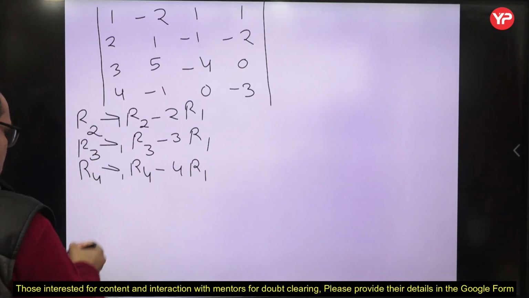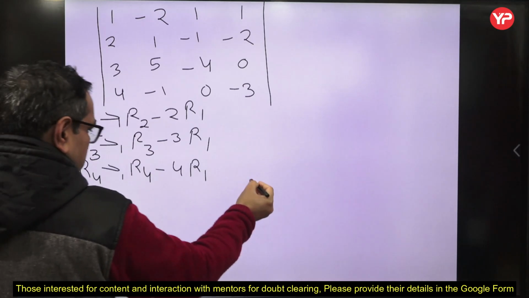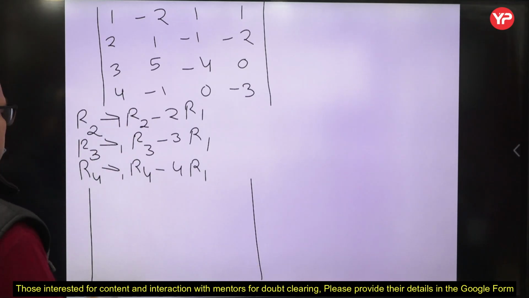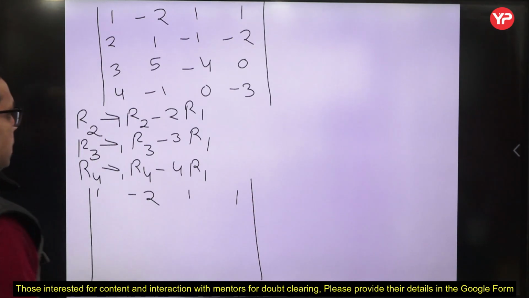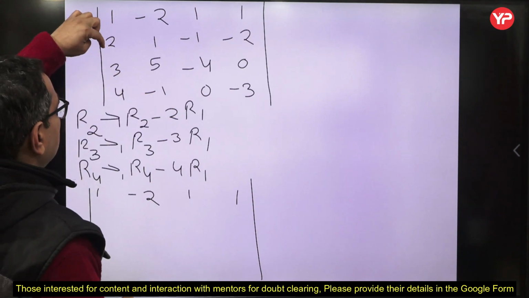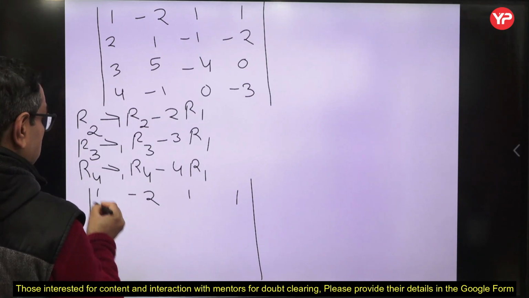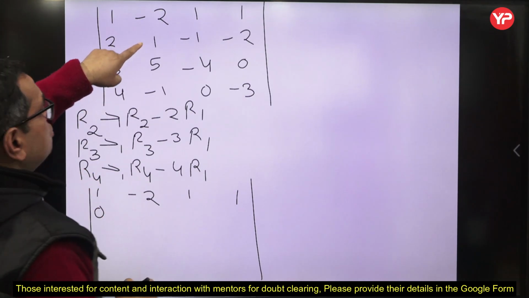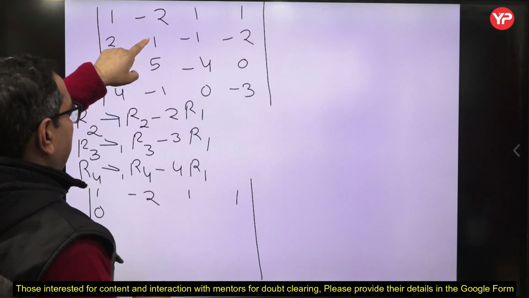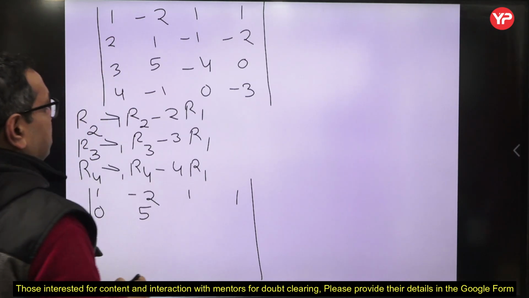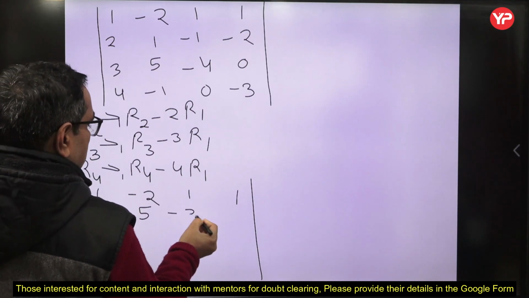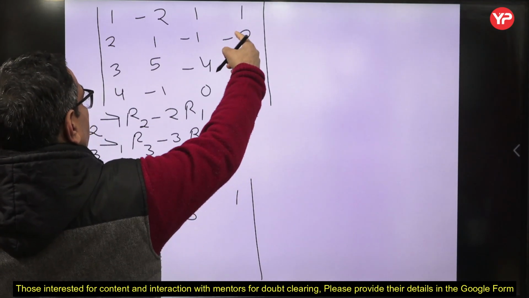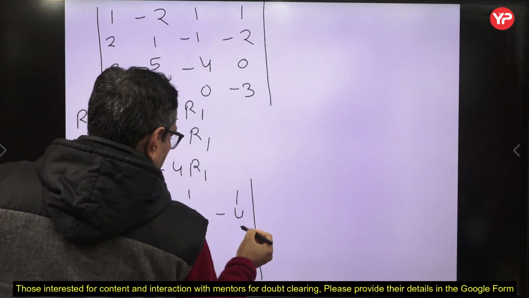So what we get, the determinant reduces to the form: first row is 1, minus 2, 1, 1. Then R2 minus 2R1: 2 minus 2 is 0, then 1 minus 2 into minus 2, it becomes 5, then minus 1 and minus 2, so minus 3, and then minus 2 and minus 2, so minus 4.